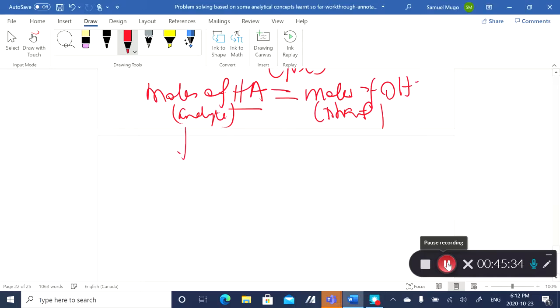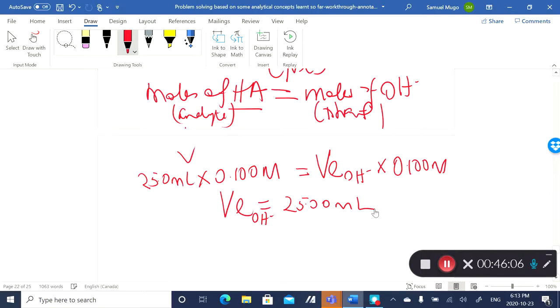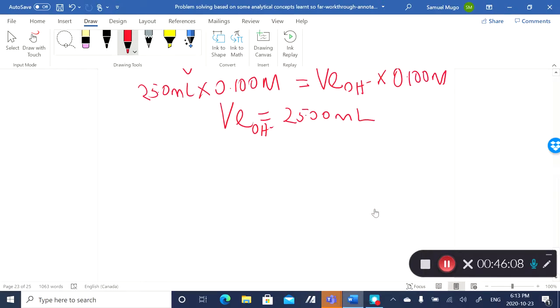And so I already have it in my problem there. The moles of the analyte is 5.0 mL multiplied by 0.1 molar, which is going to be equal to the equivalence volume multiplied by the 0.1 molar. And so the VE of OH, of course, that's the titrant, is going to be equal to 25.00 mL.